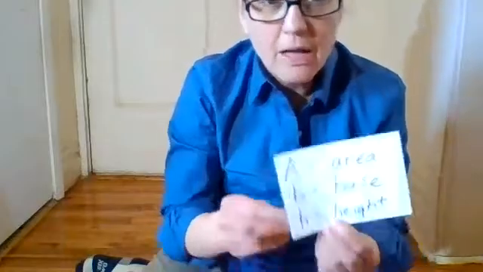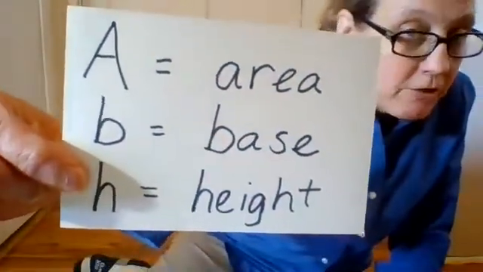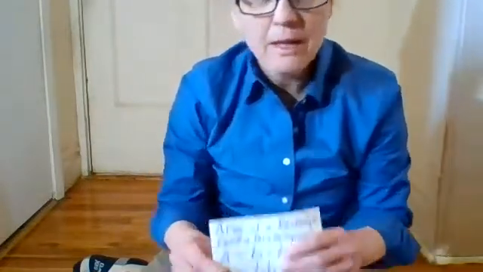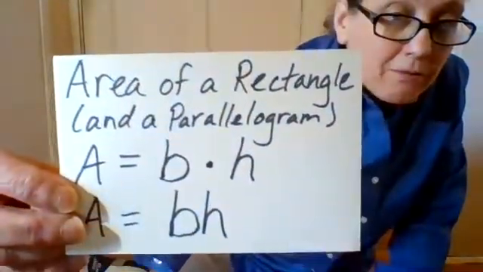So this is a rectangle, and the terms that we're going to use, very important when you're taking your notes, are a capital A for area, a lowercase b for base, and a lowercase h for height. You've done area lessons before, so just to review, the area of a rectangle and a parallelogram is always going to be area equals base times height.